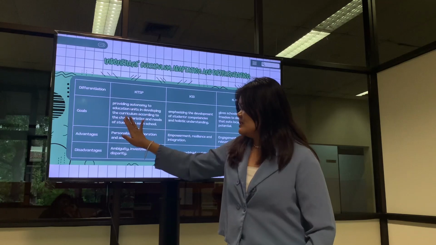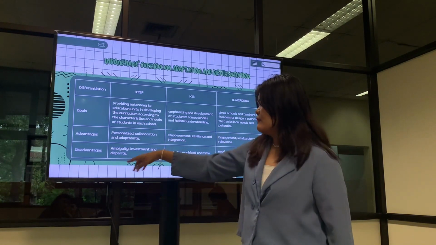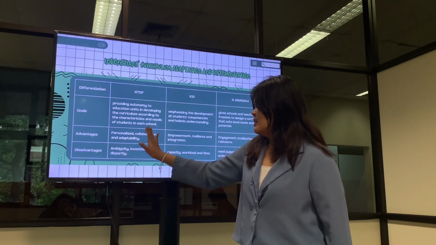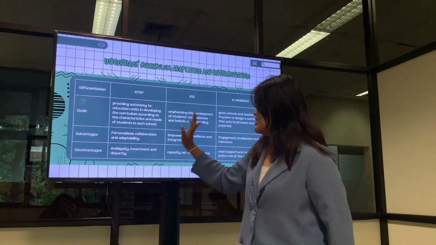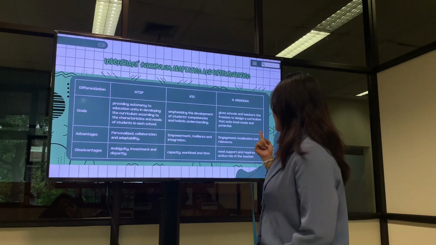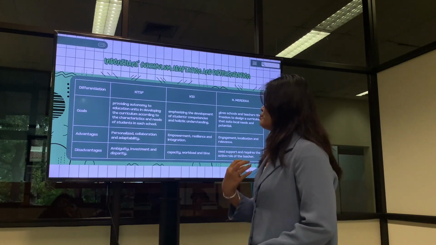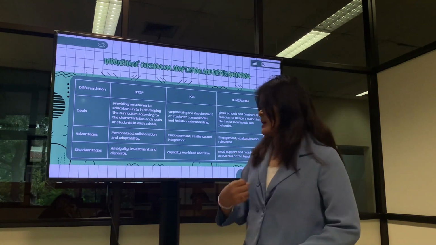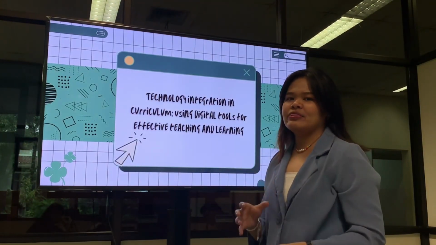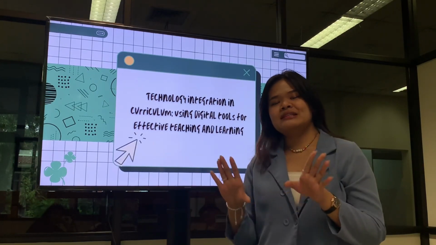Next, the disadvantages of KTSP are ambiguity, investment, and disparity. For K13, they are capacity, workload, and time. And for Kurikulum Merdeka, they need support and require the active roles of teachers. So that's all about curriculum differentiation and adaptation that meets the needs of learners.